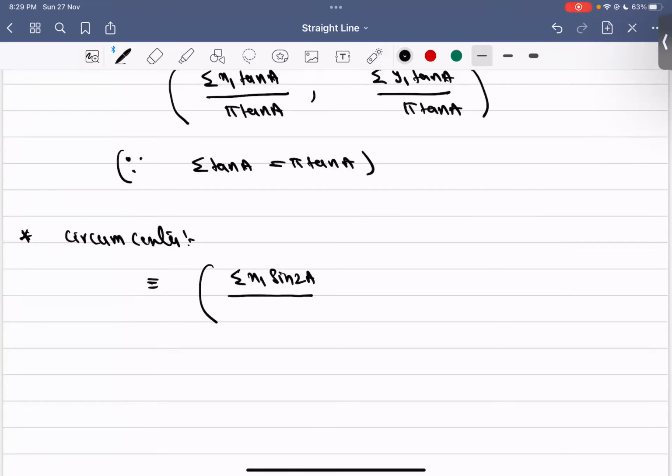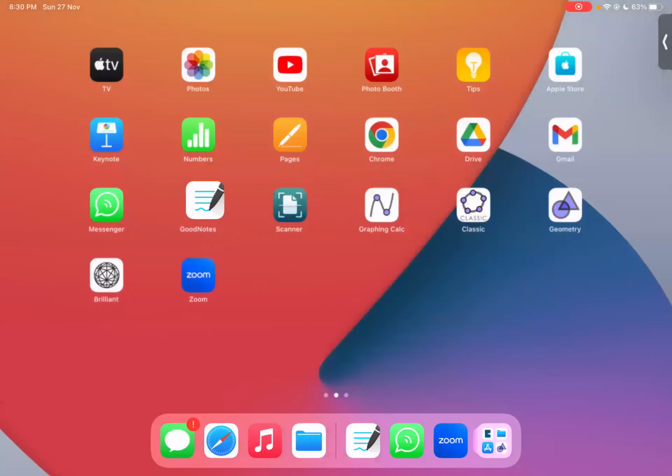That is x1 sine 2A plus x2 sine 2B plus x3 sine 2C by sine 2A plus sine 2B plus sine 2C. So sigma y1 sine 2A by sigma sine 2A. So this is the formula for circumcenter.